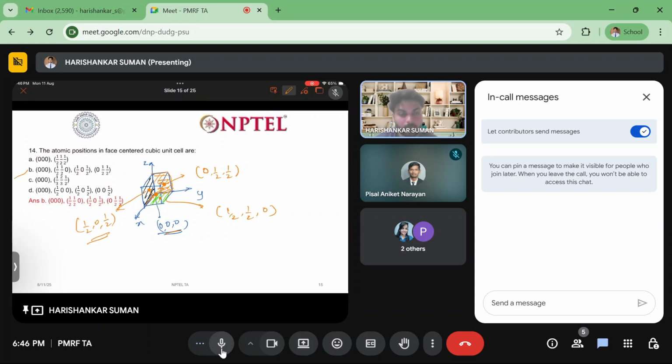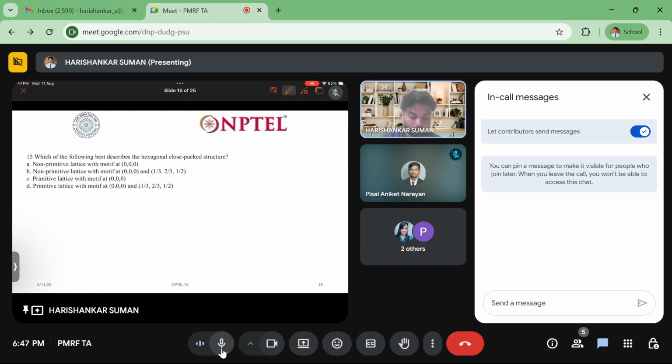B. Did you get my point? We have to choose the adjacent faces and the position of the center, because atoms sit at the center of the face.